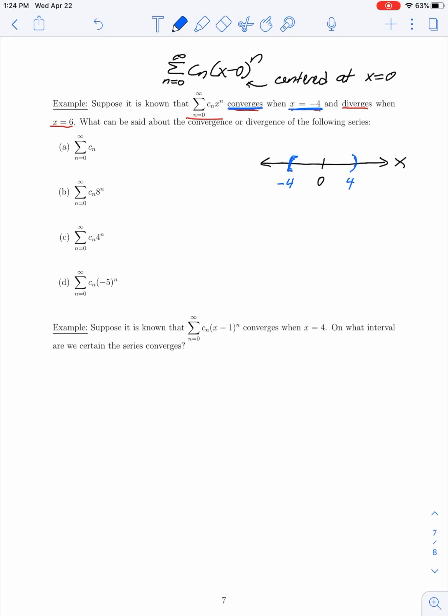But I can't say anything for sure about that right endpoint at 4, just because the left endpoint at x equals negative 4 would be included in the interval of convergence. We have seen that that does not always mean our right endpoint of positive 4 would be included. So I'm guaranteed convergence within that interval.